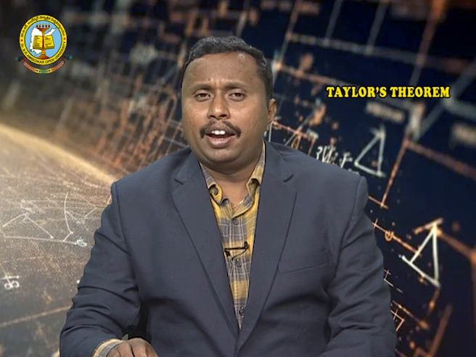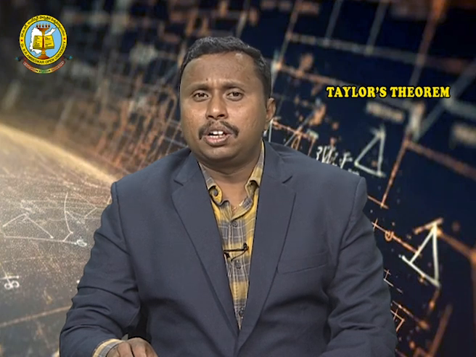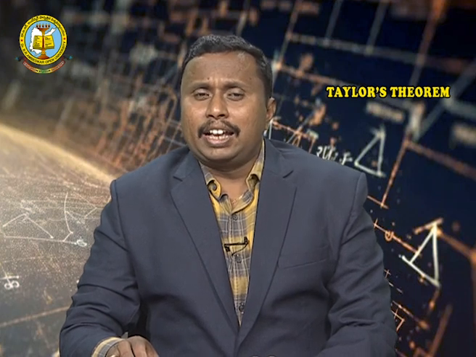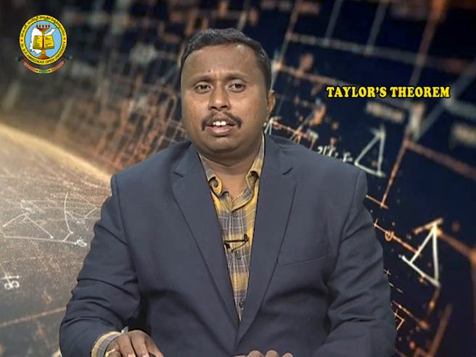And we know that f dash of a is the first derivative of f of x at the point x equal to a, and f double dash of a is the second derivative at the point x equal to a. Now, let us see the proof of this Taylor series theorem.